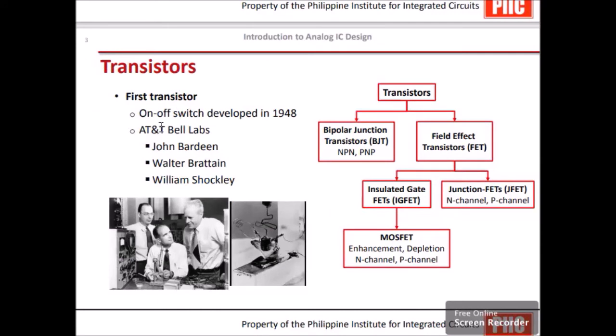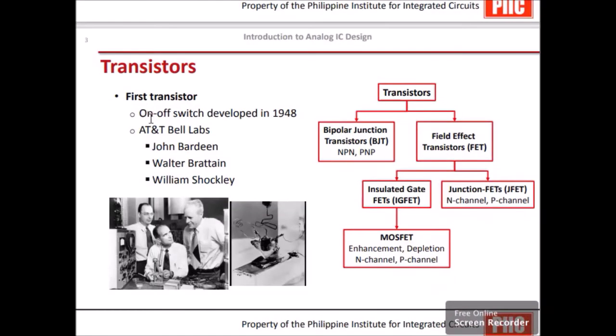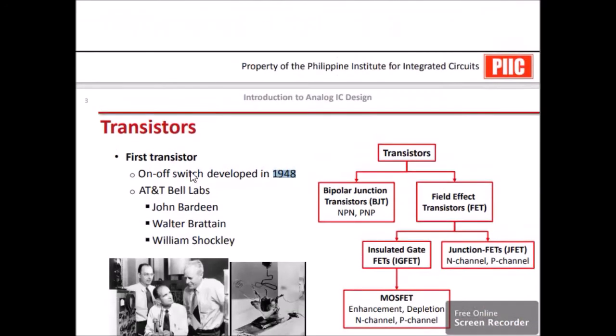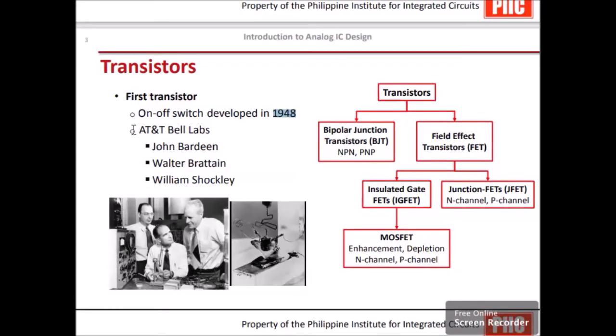Saan ba nagsimula itong transistor? Basically, a transistor is just an on-off switch. Switch lang naman yung transistor. Pwede siyang ma-on, pwede siyang ma-off, which was developed during 1948 at AT&T Bell Labs by these three people here: John Bardeen, Walter Brattain, William Shockley.